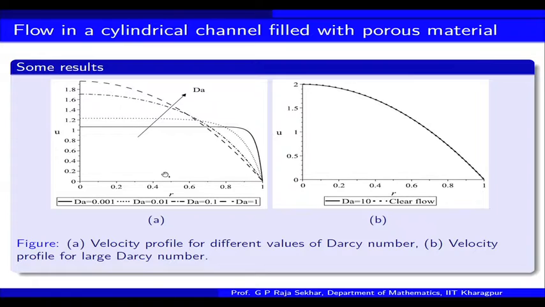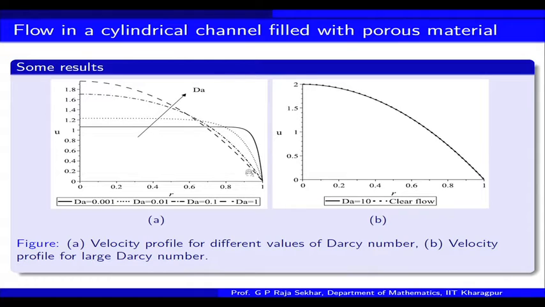Now similar to the parallel plate case, which we have already explained, a similar phenomenon is happening here. This is a low Darcy number and this is a high Darcy number. Correspondingly the velocity is getting adjusted, and then correspondingly the total volume flux remains constant.